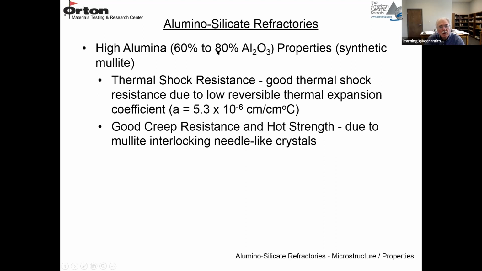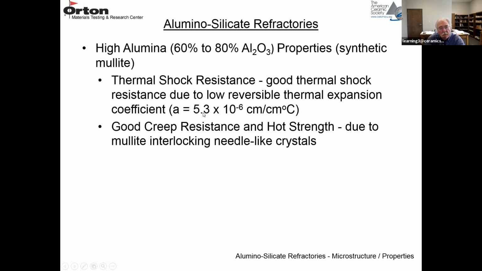The higher aluminum material, 60 to 80%, is based on a synthetic mullite. The thermal shock resistance for this kind of material where you have mullite present is fairly good. You have good thermal shock resistance because the thermal expansion coefficient of mullite is only 5.3 times 10 to the minus 6 per degree C. If you remember, alumina was about 8.5.